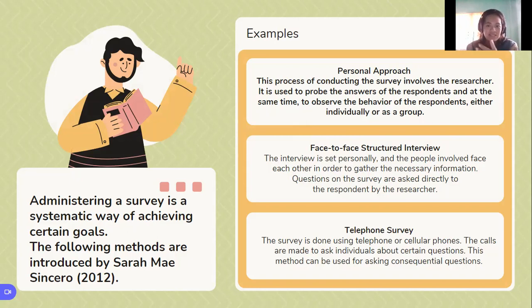So, you face each other while you are asking the question. Questions on the survey are asked directly to the respondent by the researcher. So, for example, I'll be the researcher and you'll be the respondent. If my survey questionnaire is ready, then I will be asking you to join me and we will discuss the questions.